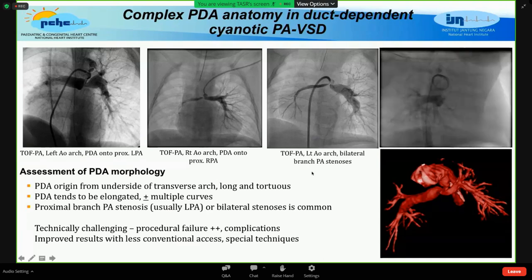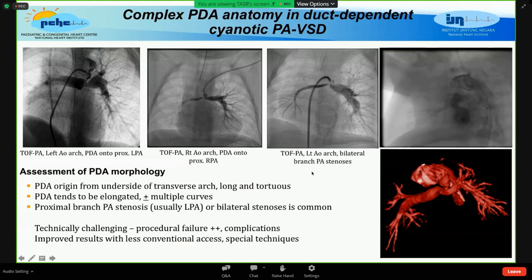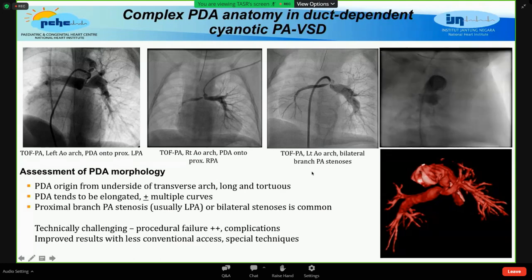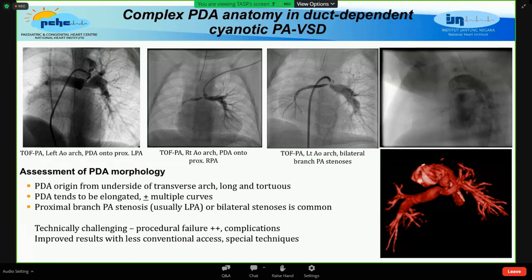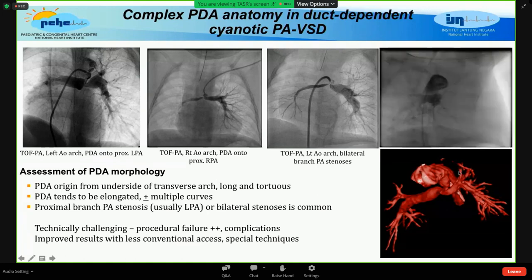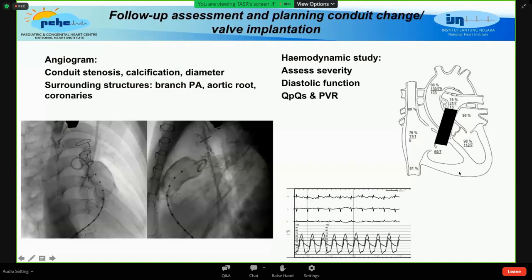This type of PDA is technically challenging, but with the current techniques, for example rotational angiography, you can reconstruct the images to behave like a CT scan, and then you can decide what route or IV access to use, especially to place the stent.